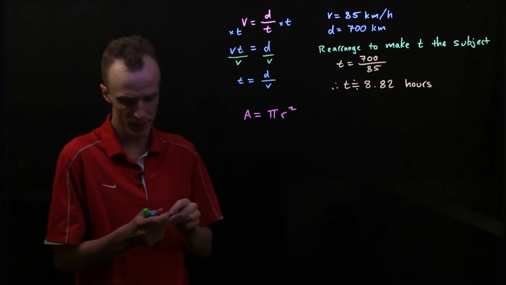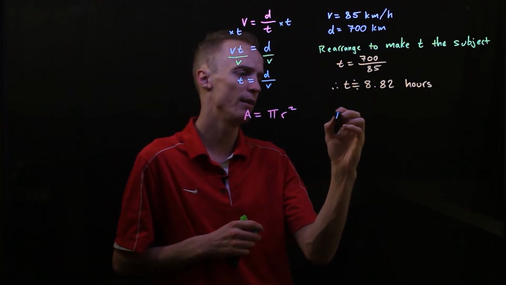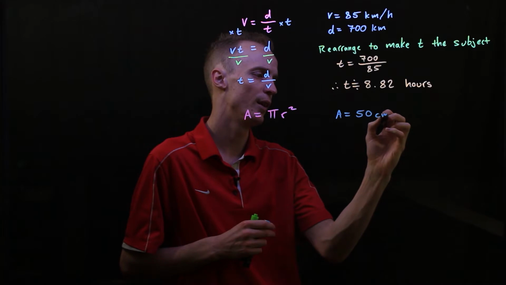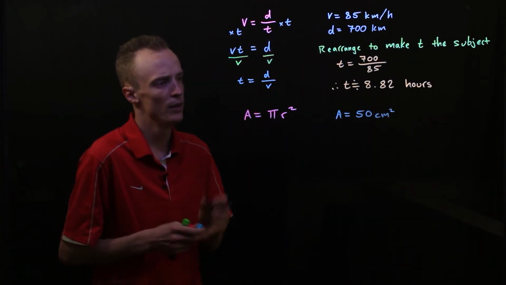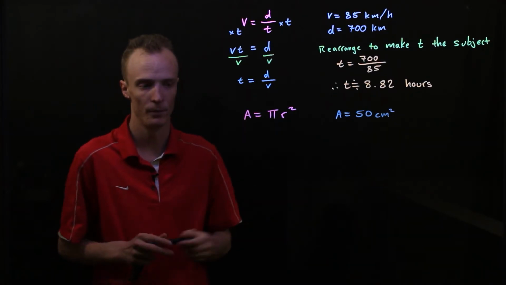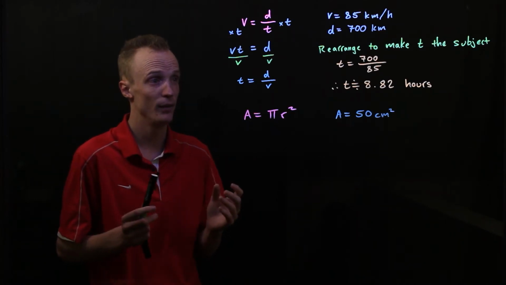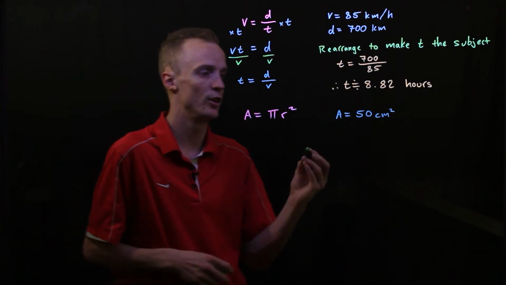And let's say that I wanted to create a circle with an area that was equal to 50 square centimeters. I want to know what my radius would have to be for a circle that had an area of 50 square centimeters. Well, essentially what I want to do here to make that happen is I want to rearrange this equation to make r the subject.